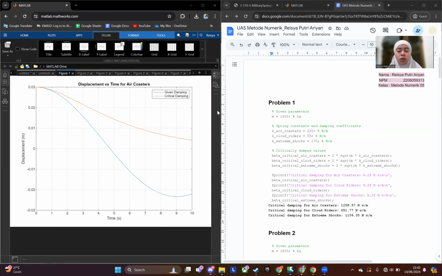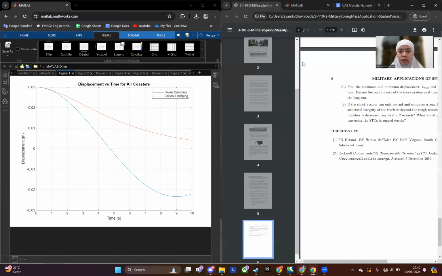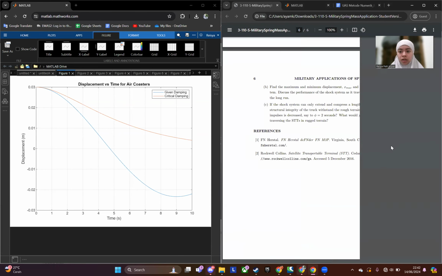So, in this last part of the final exam for Numerical Methods, I want to present my calculation with MATLAB for the 5 problems of the spring-mass system that we already discussed.